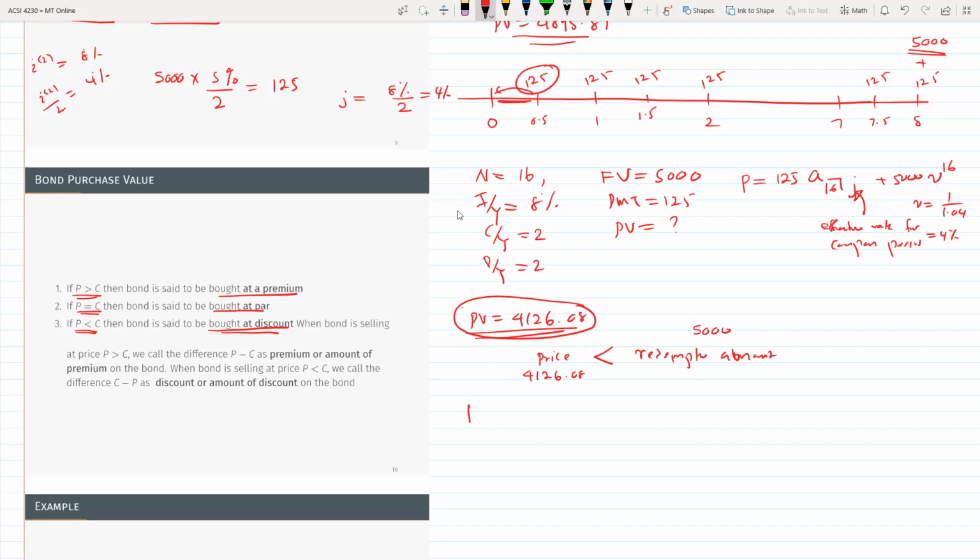So if the price is bigger than the redemption amount, then P minus the redemption amount is called the premium. If the price is less than the redemption amount, then the difference is called the discount. The amount of premium and the amount of discount.